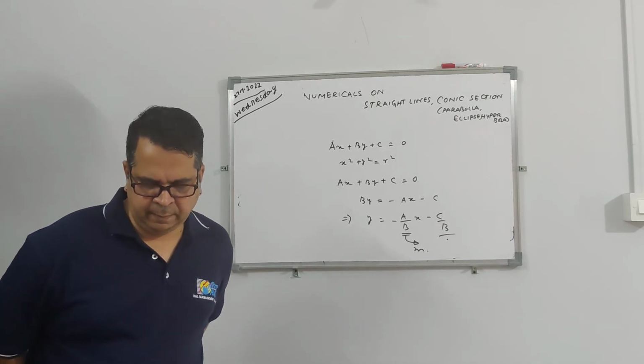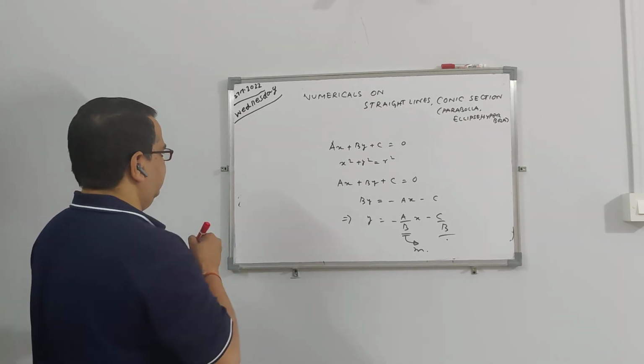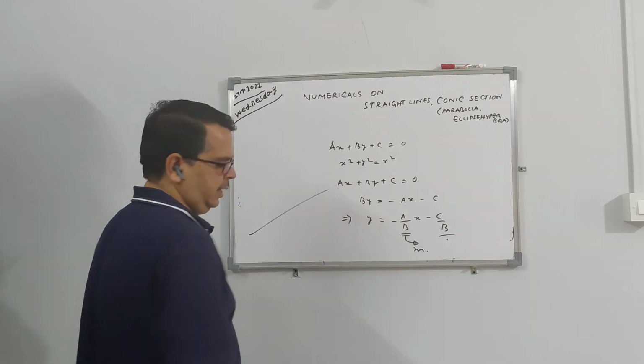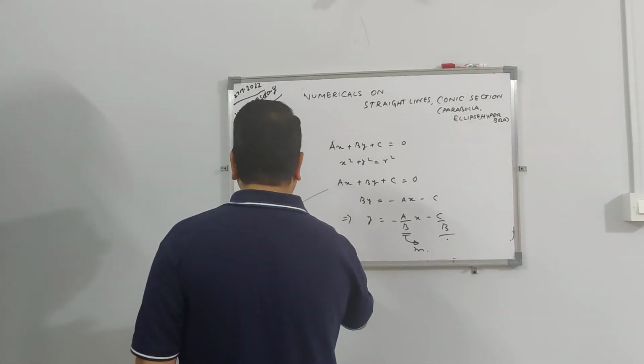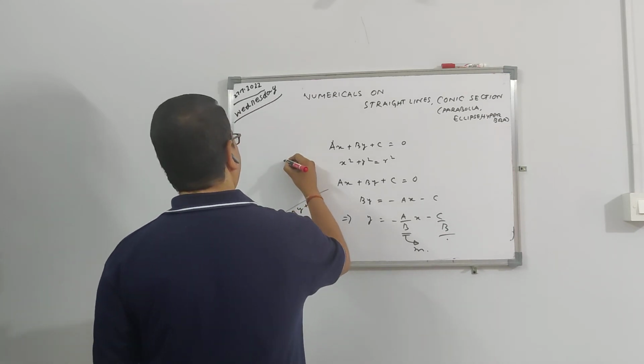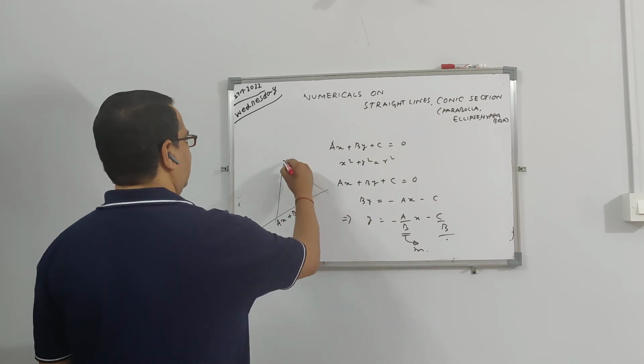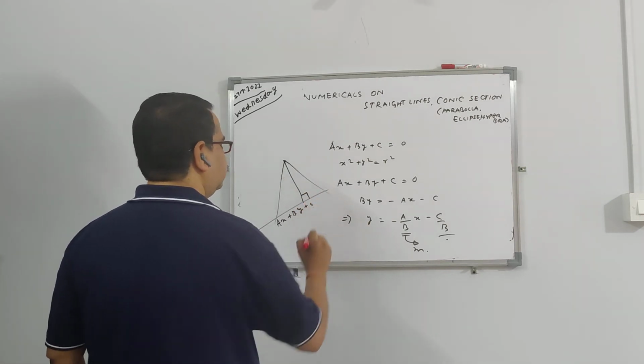Distance of a point from a line. Suppose you have a line whose equation is ax plus by plus c, and you have a point. It can have various distances, but what you want is the perpendicular distance, which is the shortest distance.